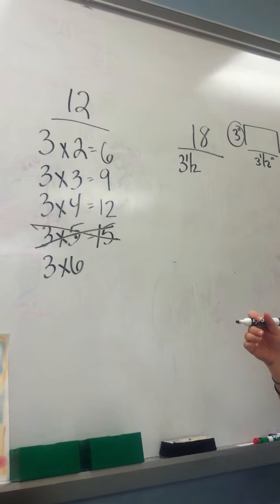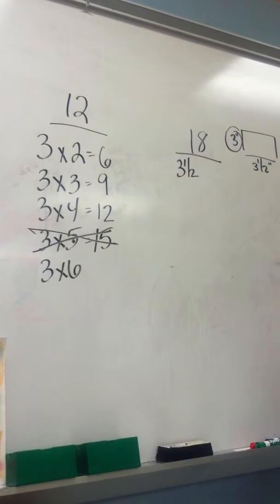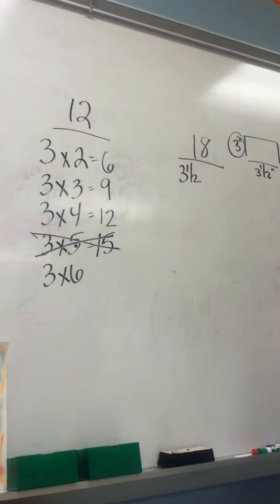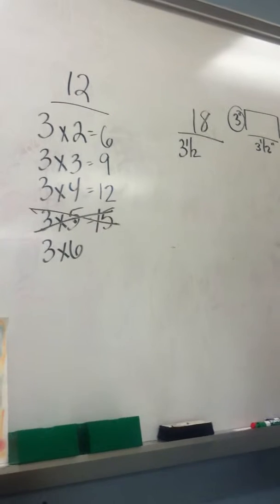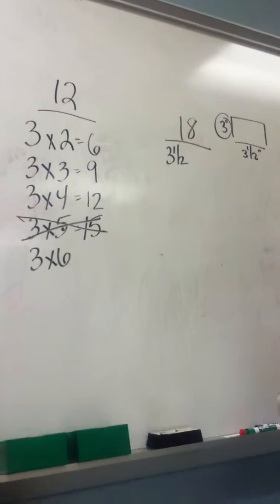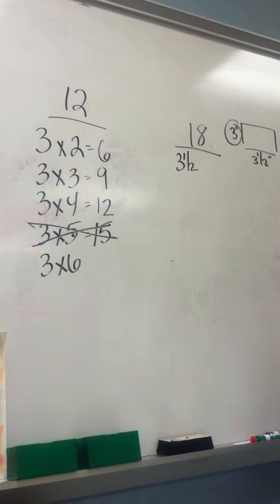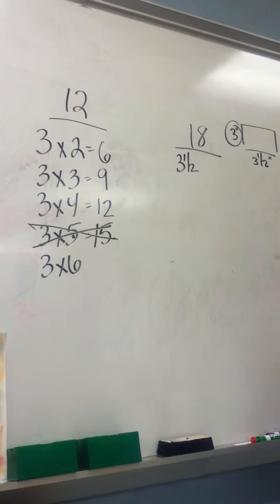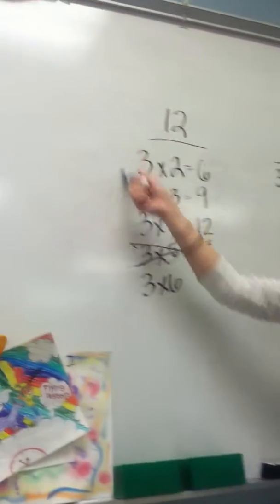Drew, what if you have a half number? You'll still times it by 2. So if you have 4.5 times 2, it's going to be 9. 4.5 times 3, and you'll continue. And all of you are going to have a different number than this.